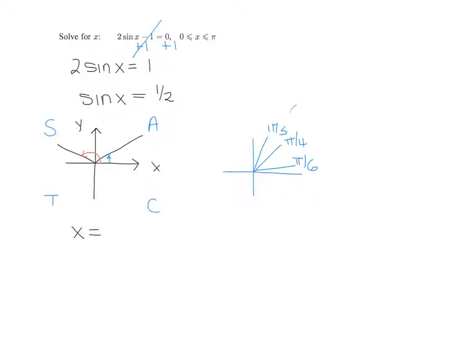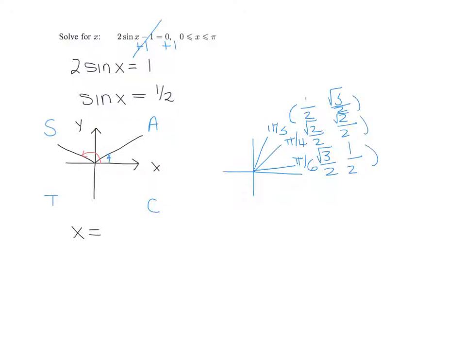The values in here are 1, 2, 3, 3, 2, 1, all over 2, with the square root on the numerator.